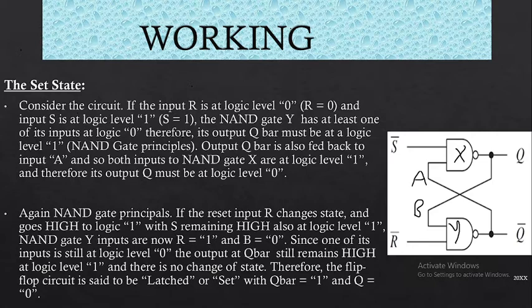It means that, as we can see in the image here, if we take R to be 0 and S to be 1, then the NAND gate Y has at least one of its inputs as 0. We know that if a NAND gate has one of its inputs as 0, then it provides the output to be 1.